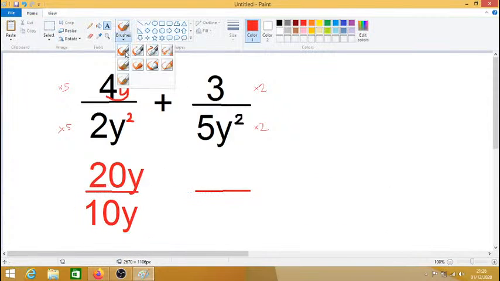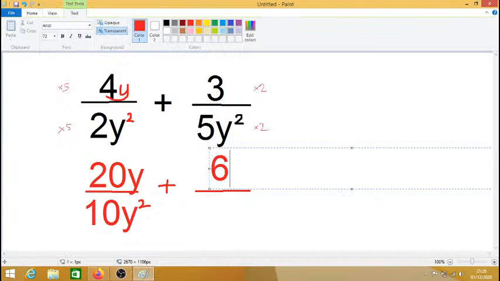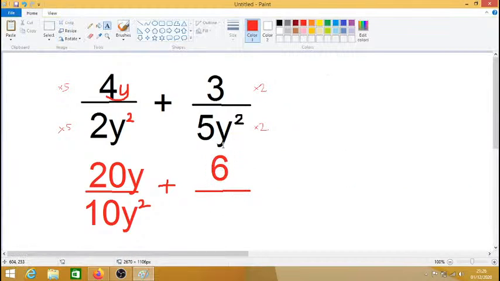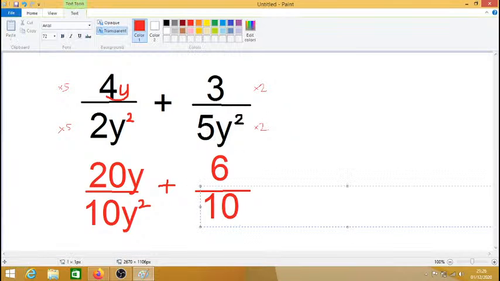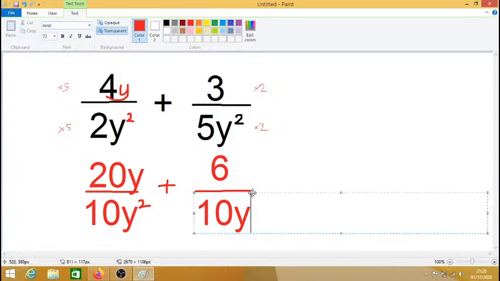So that's my first fraction changed. And now when I change my second fraction, I'm timesing by 2, so 3 times the 2 at the top makes 6. And then on the bottom, that's going to be 10y squared. That's 5 times 2 is 10, and then the y squared.